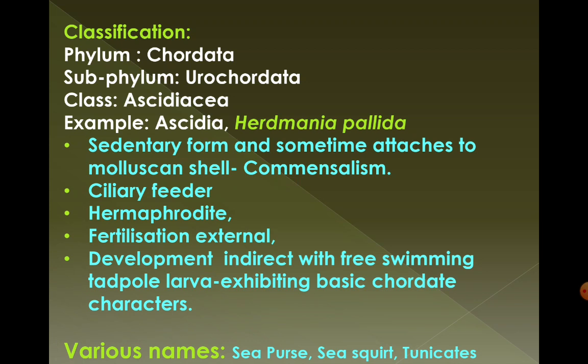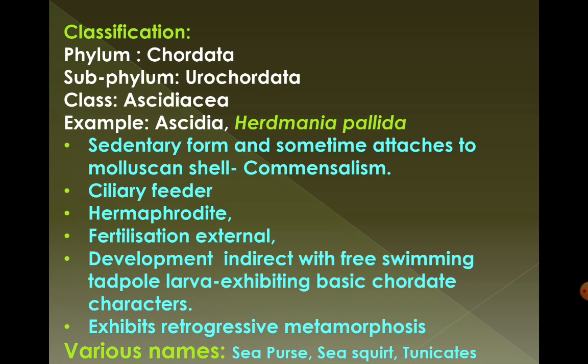And since there is an involvement of this larval form, the development here is indirect, and this ascidian tadpole which is formed shows most of the basic chordate characters when compared to the adult. And one more unique characteristic feature of this larva is that it exhibits retrogressive metamorphosis.